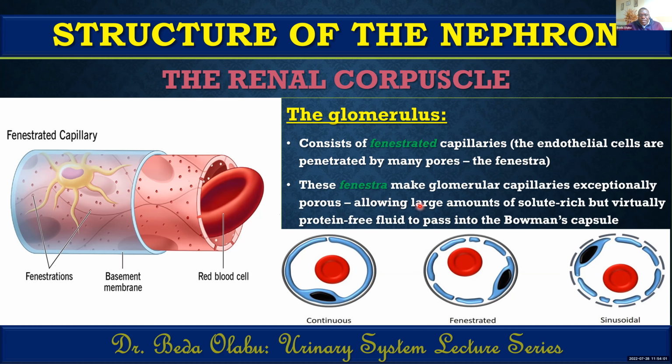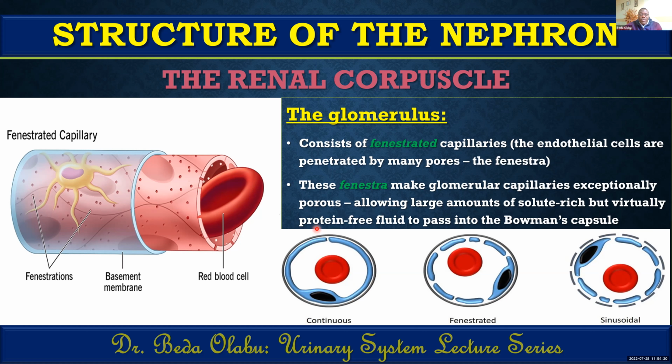The fenestra, the windows, within fenestrated capillaries like the ones in the glomerulus make them exceptionally porous. And this helps to allow large amounts of plasma to pass through. And we know that virtually almost everything in the plasma can pass through apart from the plasma proteins.